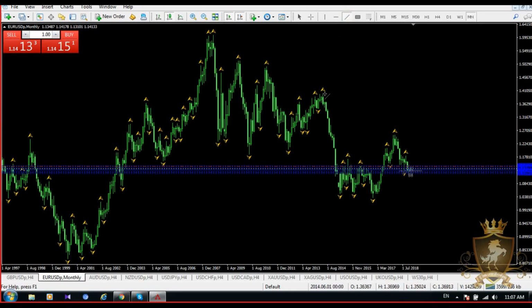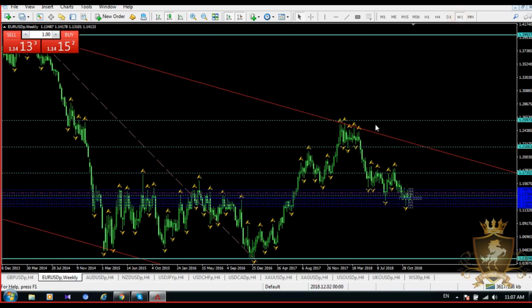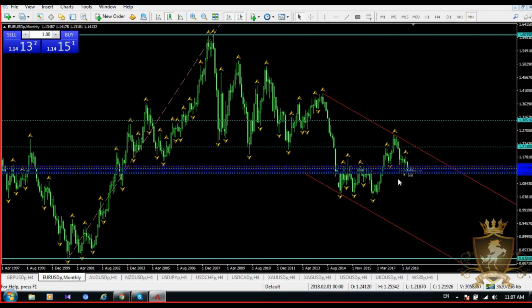I start with the detailed one. I want to see my market process in a monthly period of time. So when I get the last peak, my trend is bullish. And we put its parallel on the bottom in the last peak, and it means that it's downward in the weekly period of time.